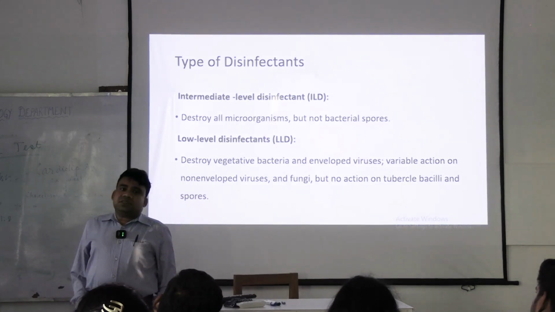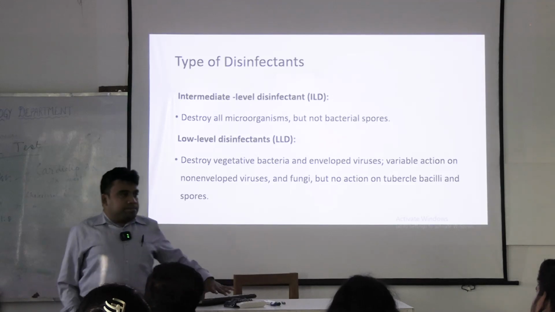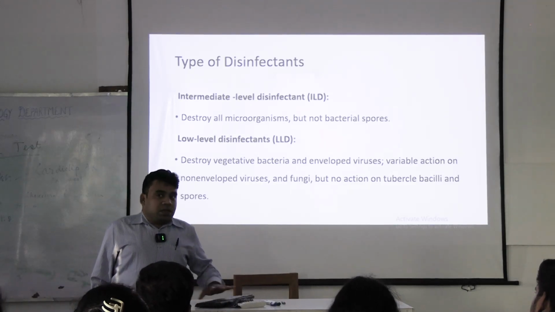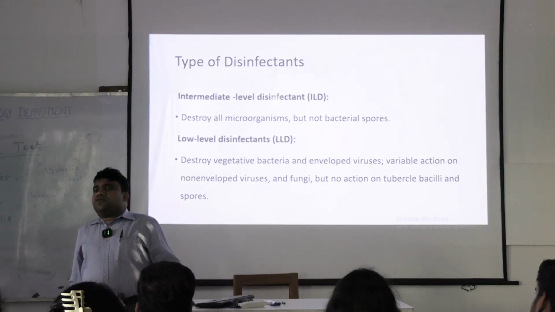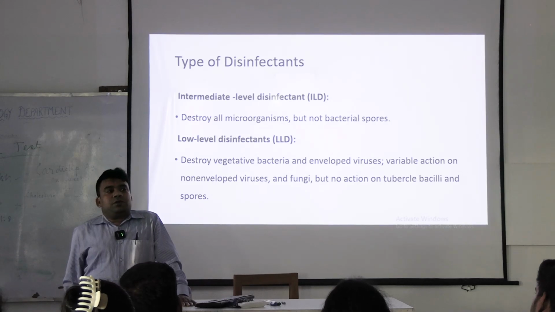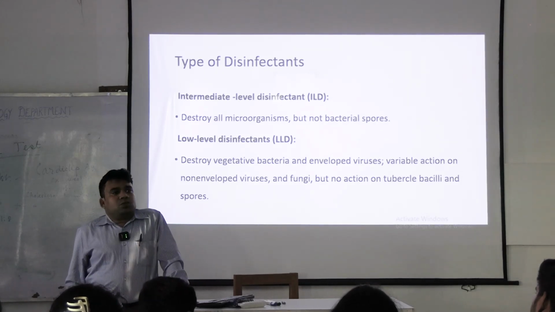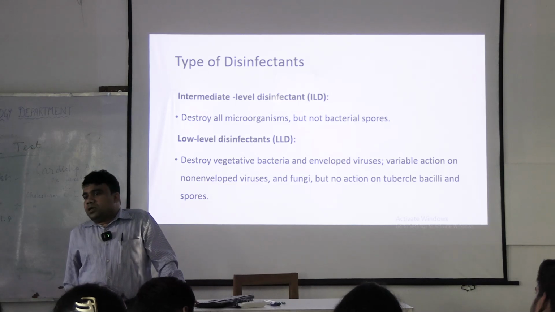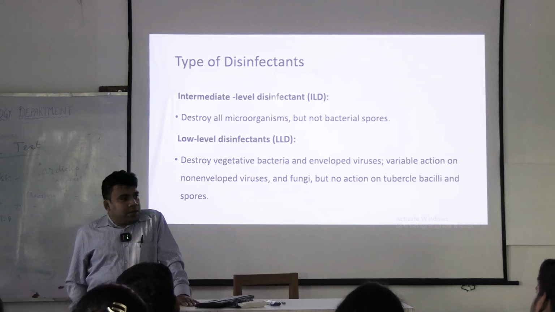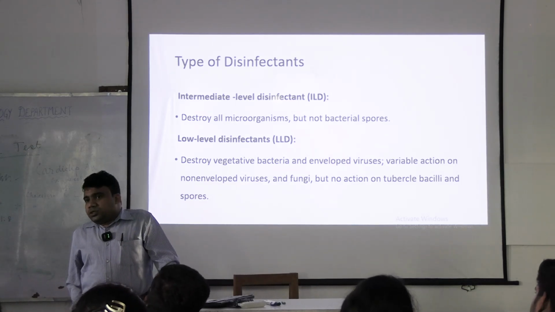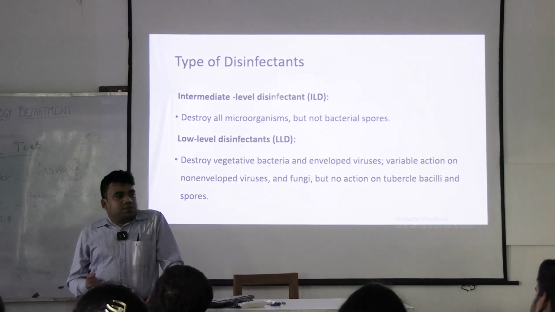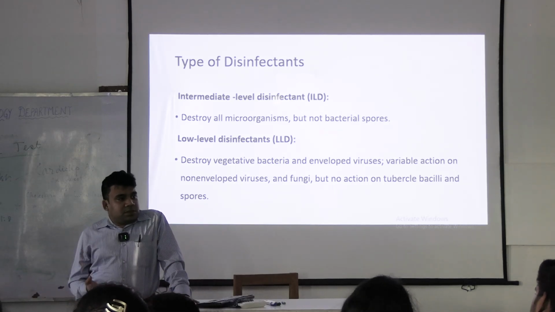Why are tubercle bacilli important? Because India is an endemic country for tuberculosis, most importantly pulmonary tuberculosis. So, when we have a patient suffering from pulmonary tuberculosis, he or she will cough, and every time he or she coughs out, she will be spitting out the bacilli itself.